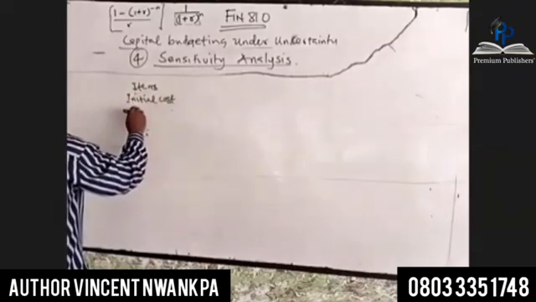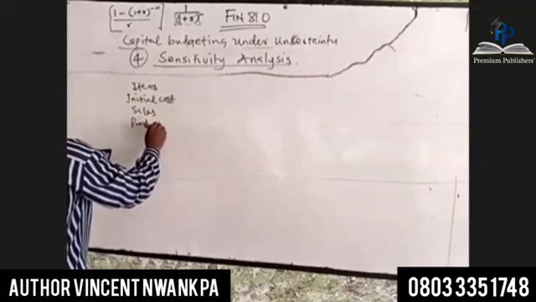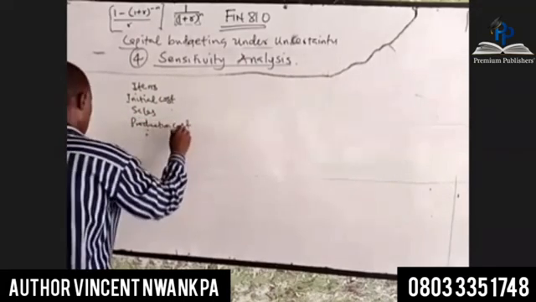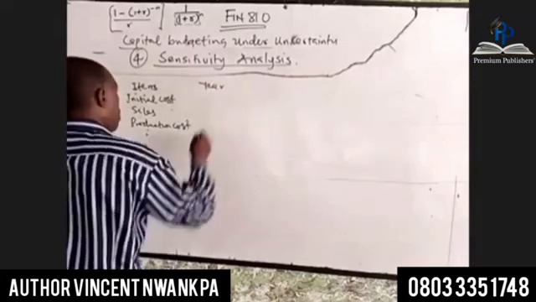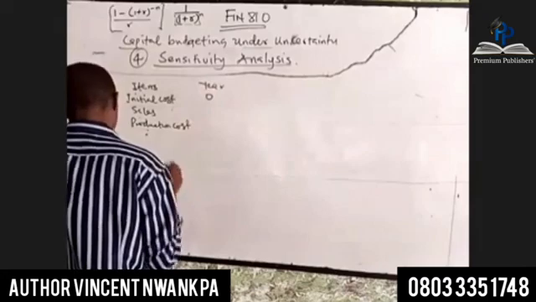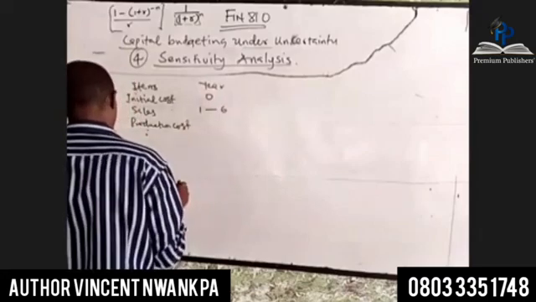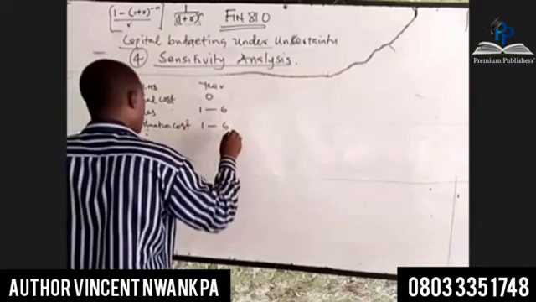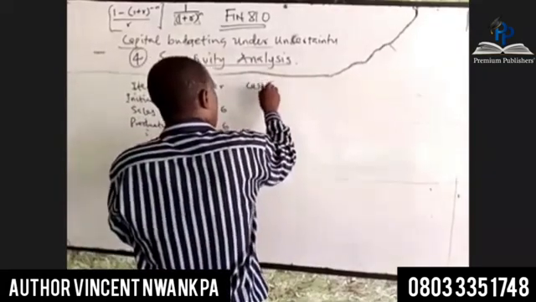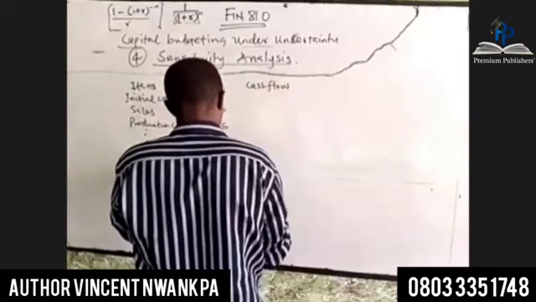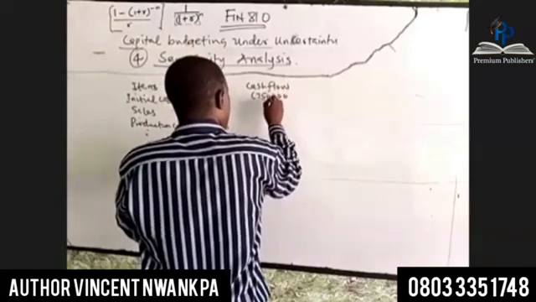Initial cost, sales, production cost, and year. The initial cost is year 0. Sales in that question was given from year 1 to 6. Production cost is also from year 1 to 6. Our cash flow that will come out from all this: there is a cost of 750,000.